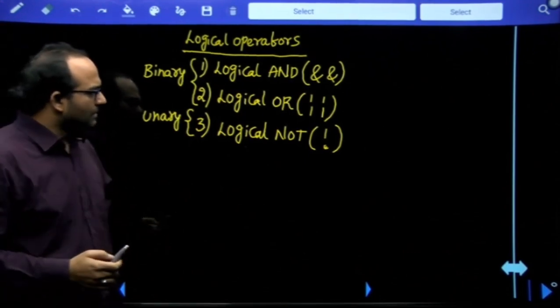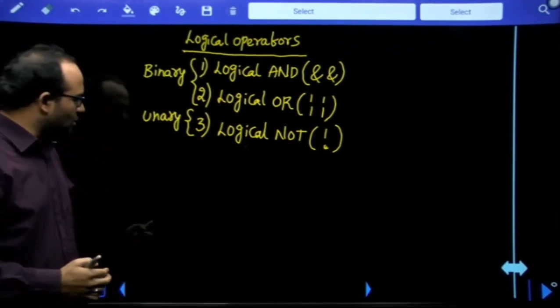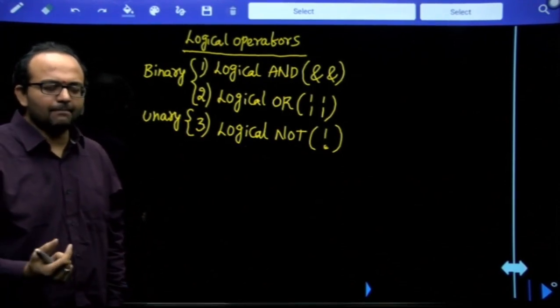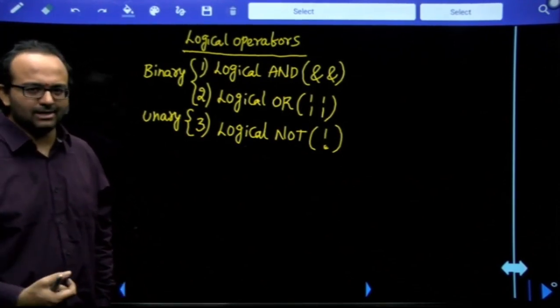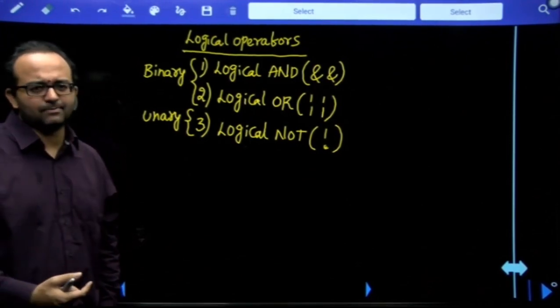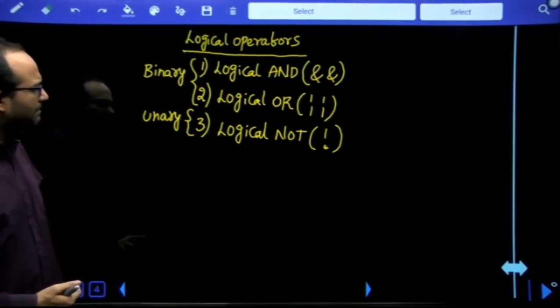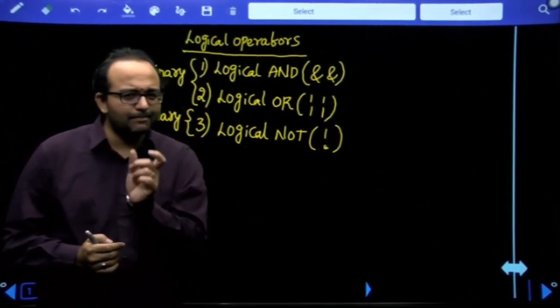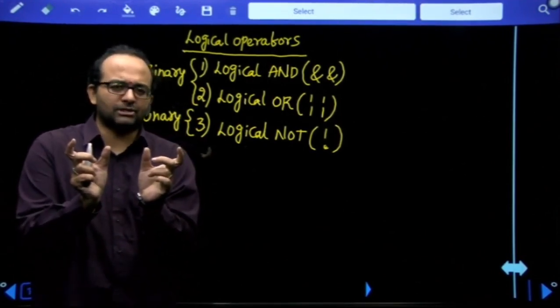If you are considering logical NOT, which is a unary operator, it is not applicable between conditional expressions. Instead, it is applied to a single conditional expression. Whereas binary operators, logical AND and logical OR, are applied between two conditional expressions.